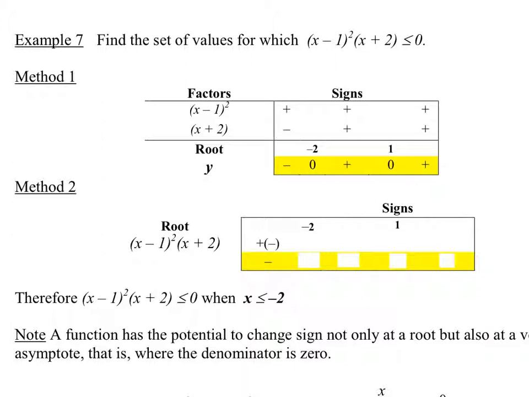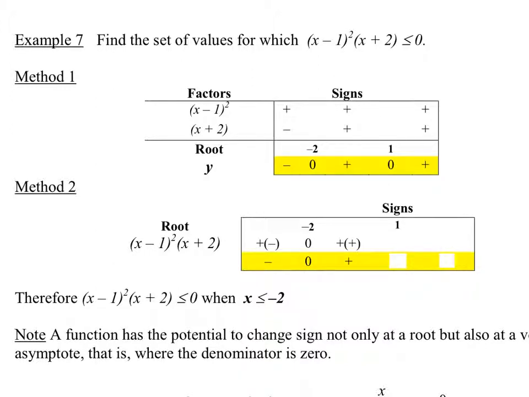It's going to be 0 in here, of course. Between -2 and 1, again, the x minus 1 squared thing is always going to be positive, and then if you have a value of x that's more than -2, the x plus 2 is going to be positive also. So we're going to have a positive times a positive, giving us a positive.